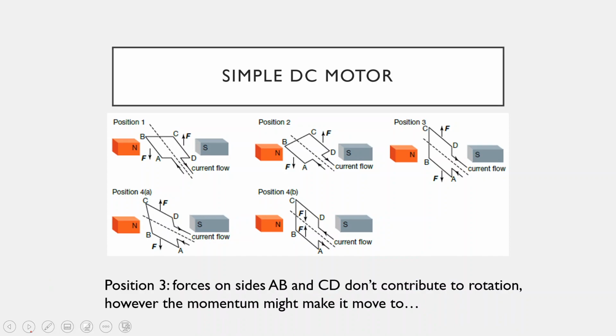Now, in position 3, this is what we were talking about before. Once it reaches this point, there's no more torque. The forces on AB and CD don't contribute to the rotation anymore. However, because it's got inertia, because it might have some momentum, it might continue to swing past this position into position 4A.